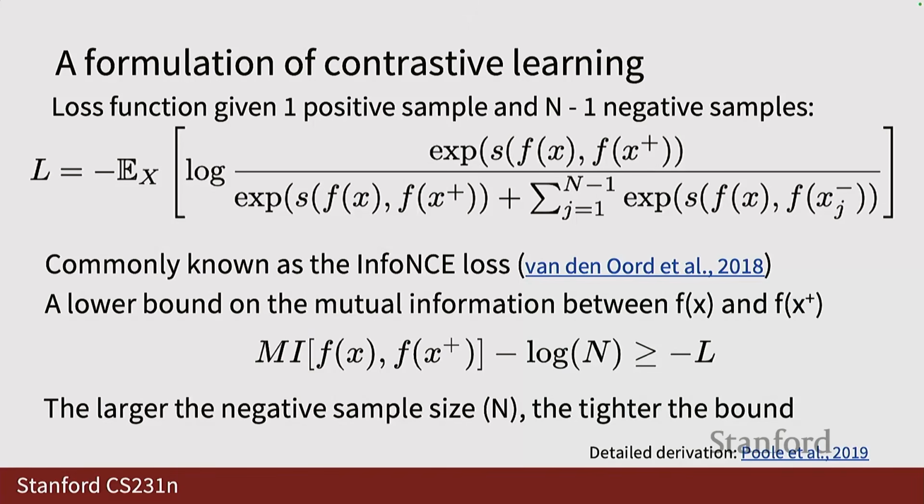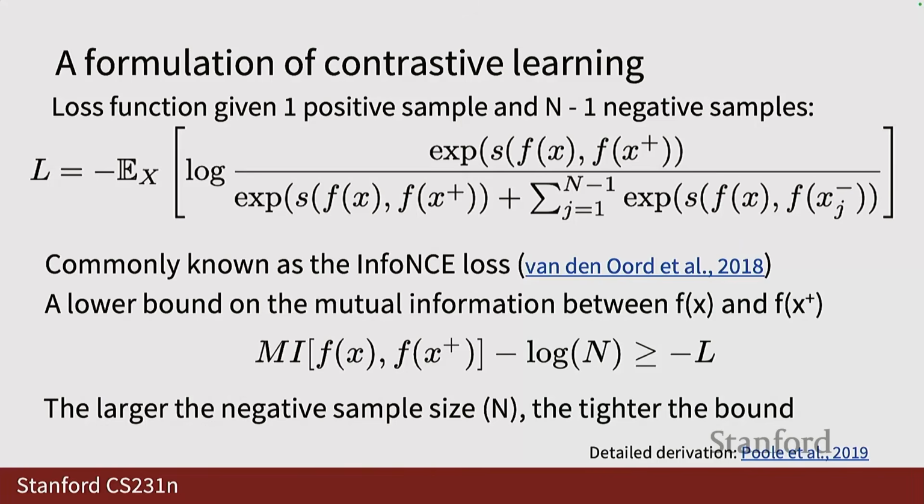What mutual information is, when you have two images and you calculate the mutual information between them, it's basically measuring the dependencies or shared information between these two images, right? So what we want to do is maximize shared information between X and X plus, but minimize the shared information for X and X minuses. The paper says this, and again, this will itself take half an hour to go into, so you should definitely take a look at the paper if you're interested.